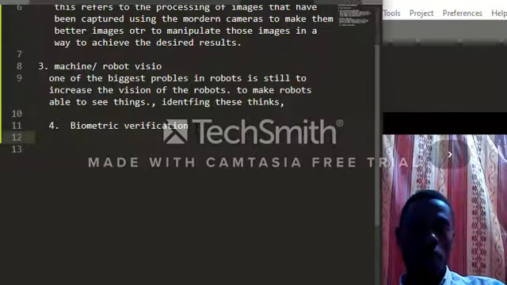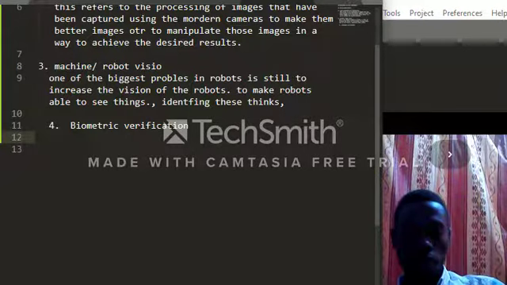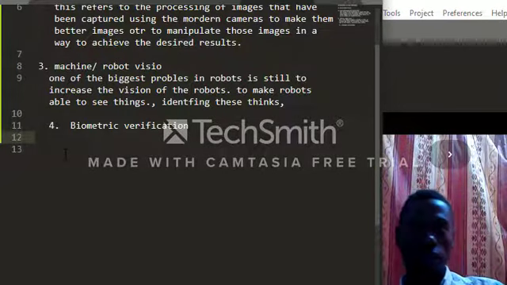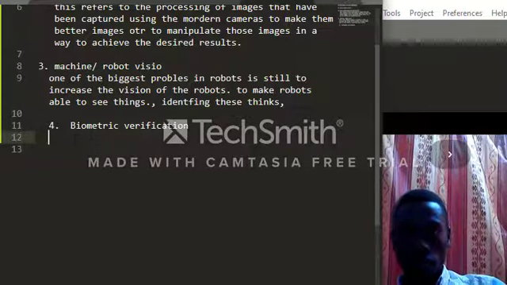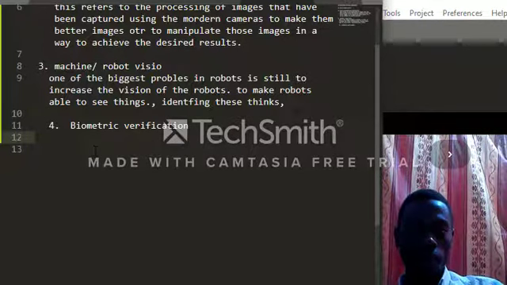They can be used for security purposes, let's say in accessing different offices. So let's talk about how image processing is applied in biometric verification.